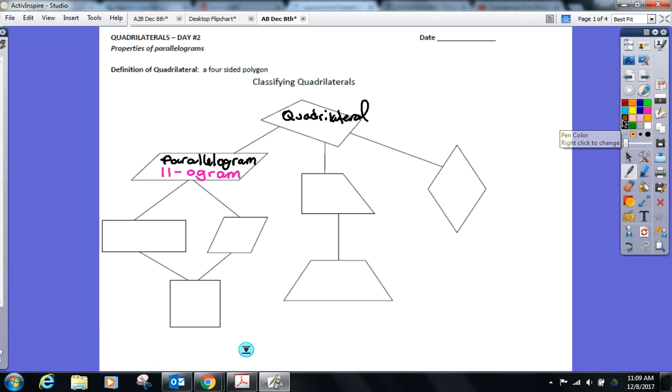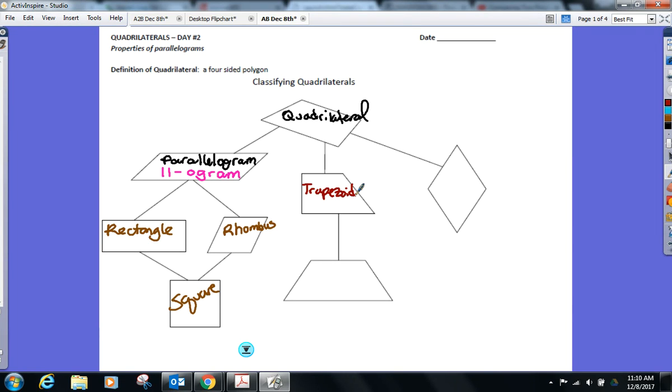The second family in the quadrilateral family is the trapezoids. We got Tony here, the trapezoid. And I don't know what the relation is to the next one, but it's Isaac, the isosceles trapezoid.